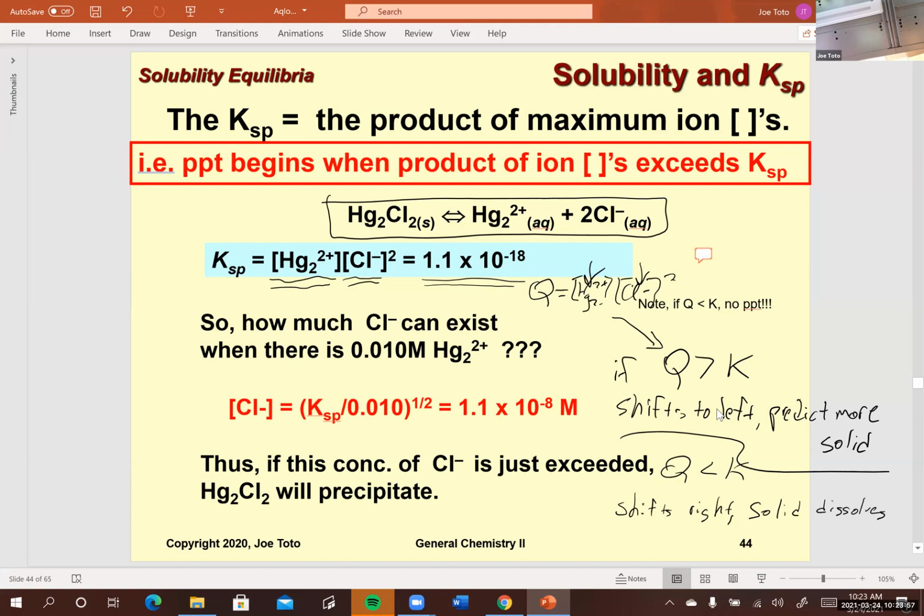Say Q is less than K and there's no solid to be dissolved, then you're out of luck. Nothing's going to happen, right? It's not going to precipitate.